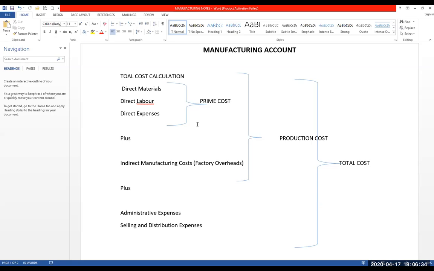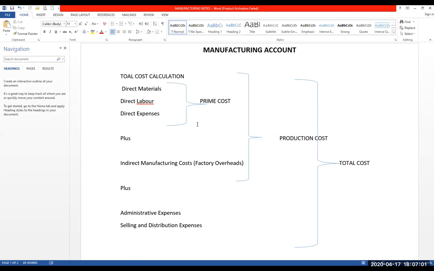The cleaner won't just clean the kitchen. The cleaner might clean the porch, or clean outdoor where the customers are coming. So that cleaner's salary will be an indirect cost. So prime cost, which is made up of your 3 direct costs, add your indirect costs or your overheads, it is known as production cost.